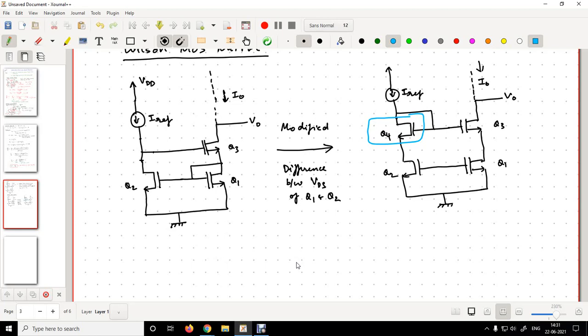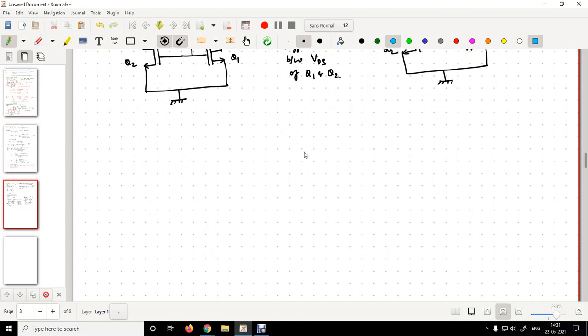But here I have to find out what my output resistance is. So next is the calculation of output resistance.